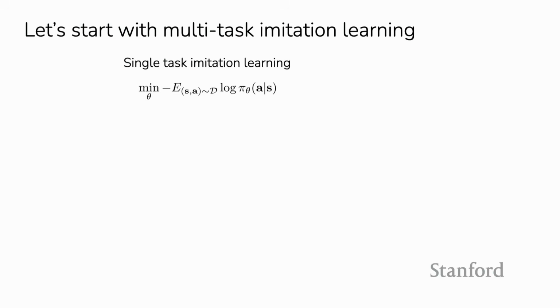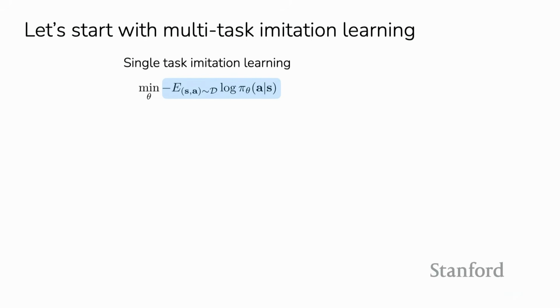And if we were to think about how to use this data for imitation learning, thinking back to the first or second lecture, when we were doing imitation learning, we had this objective of minimizing the log probability of actions given states.